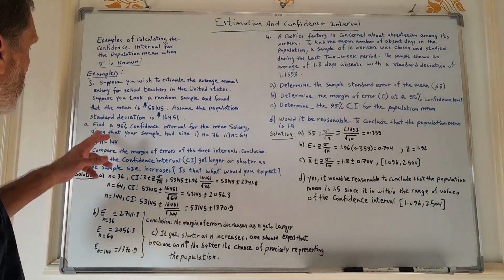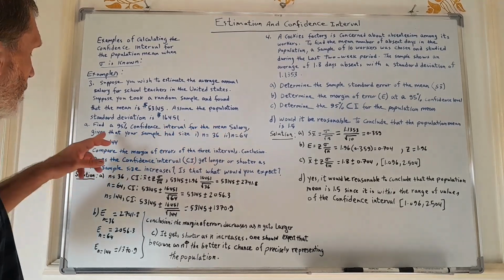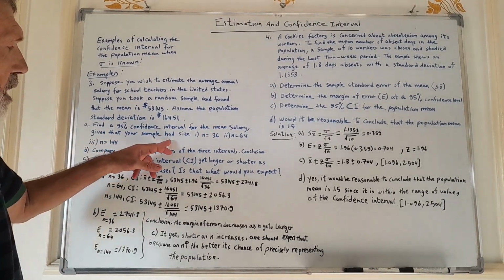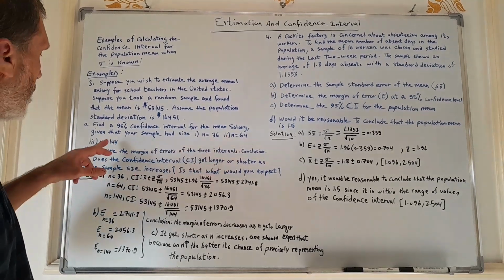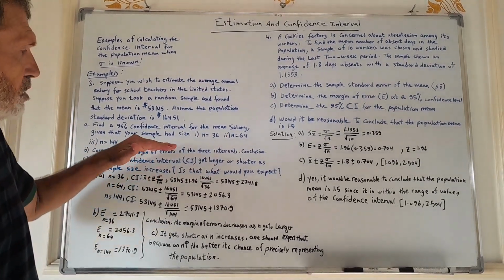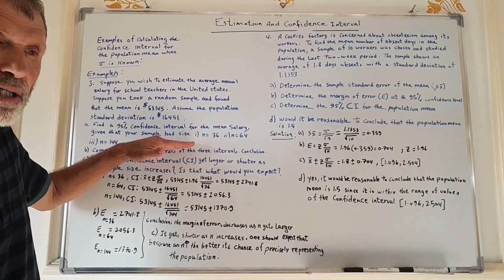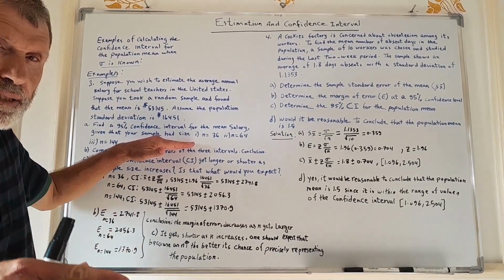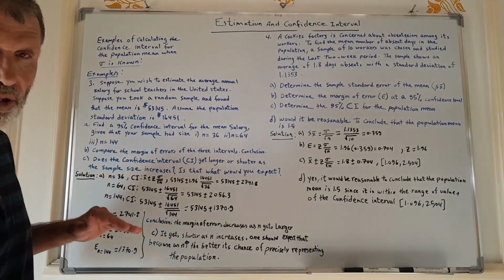So now it says find the 95% confidence interval for the mean salary, given that your sample has size n equal 36, n equal 64, n equal 144. So as you see here, we need to find the confidence interval when n increases, starting from n equal 36 all the way until n equal 144.